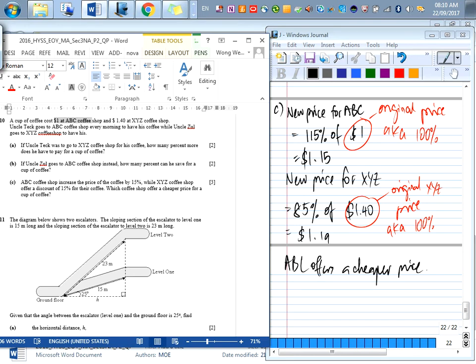Half of 8, take half times 8. 1/4 of 24, you take 1/4 times 24. So same thing. 115% of $1, you take 115% times $1, and you get $1.15.